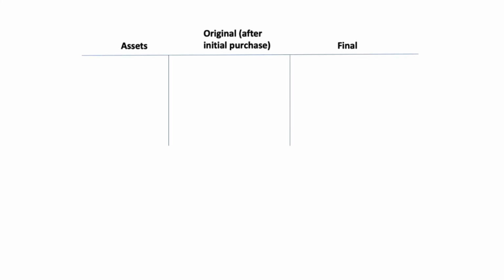So after a long day of serving coffee, your balance sheet and income statement will look like this. On the balance sheet side, the assets: cash, originally we had 1,000. At the end of day we have 3,300. Accounts receivable was 0.